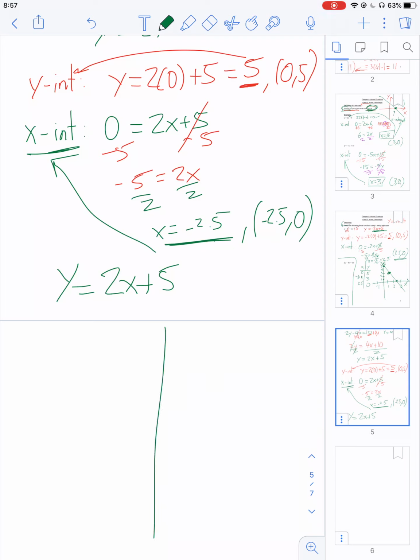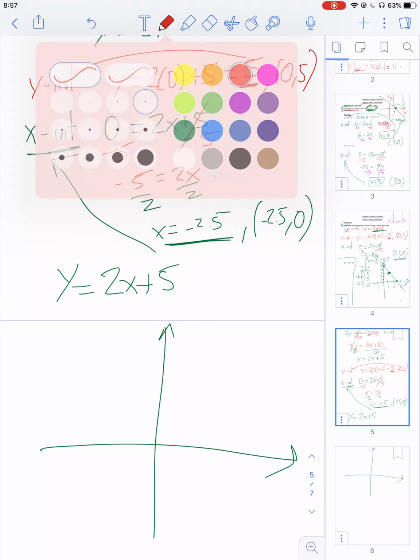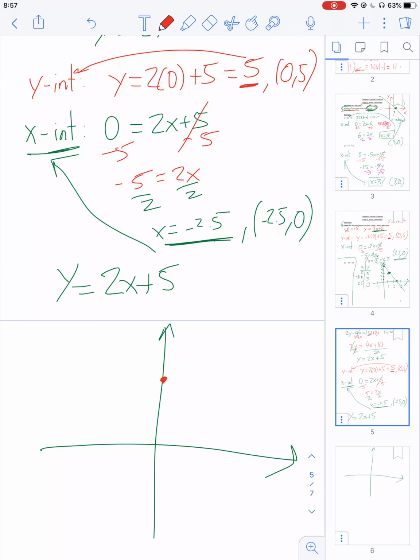This is not graphing. So I know one of the points. At 0, this is my point 5. So this is the coordinate, 0, comma 5. So at 0, my y value is at 5, and this comes from here, when x is 0. This is your x. This is your y. So when my x value is 0, y is at 5. And the other point is this one.